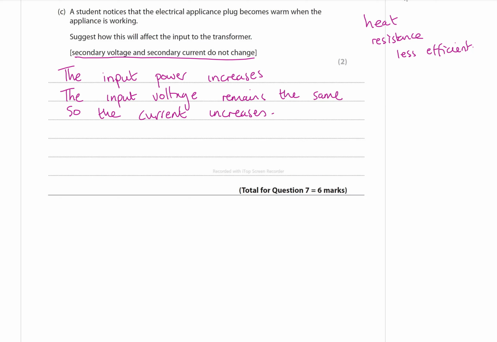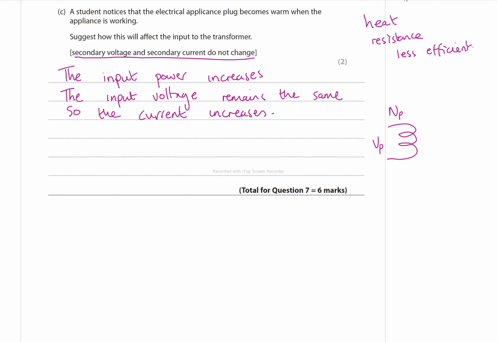Right, how can we say this? Look, you've got 2 options. You can either learn it that way, or you can say, look, we know the number of turns doesn't change, so the voltage on the primary stays the same. We know that. That's a physical thing. The voltage will not change.